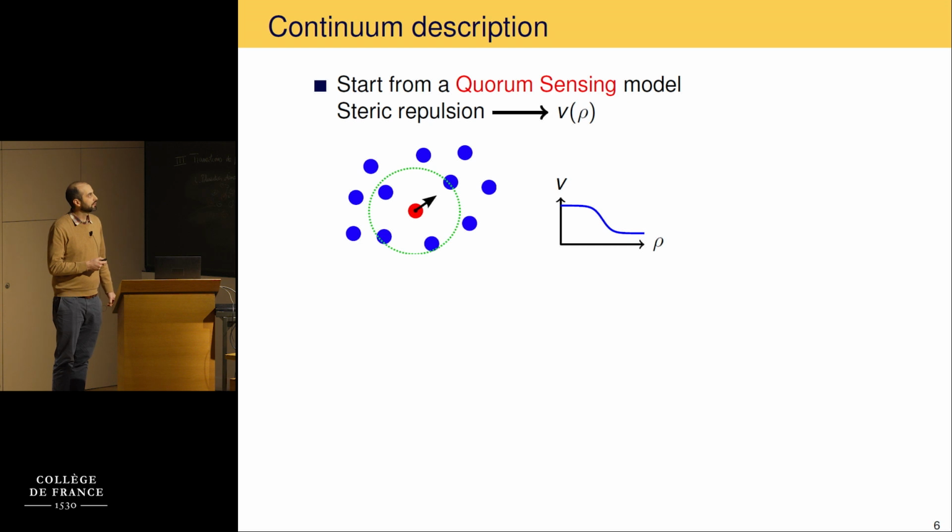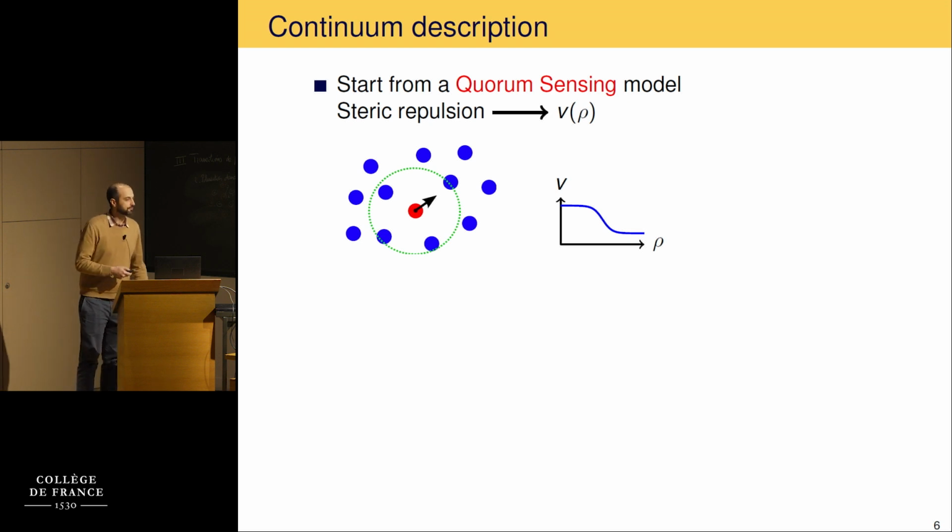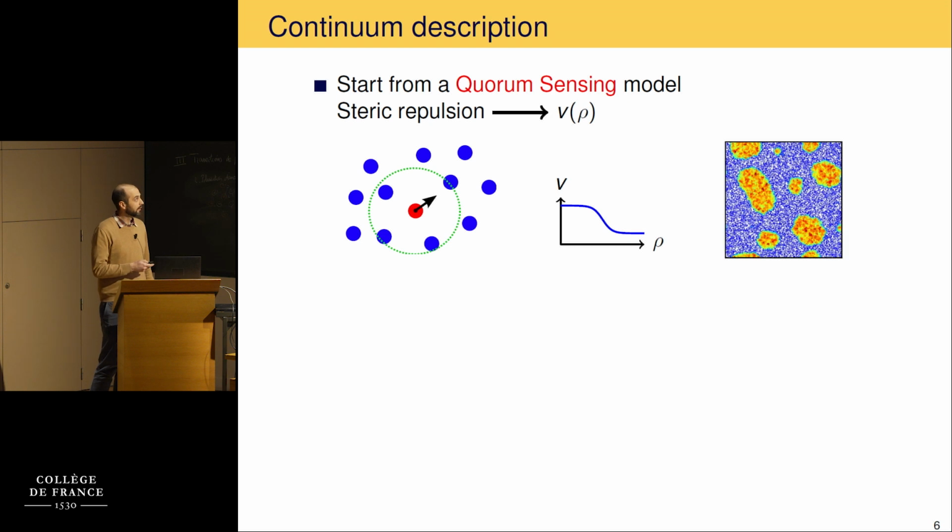Concretely, particles look at how many other particles are around, and they adapt their velocity according to this function v of rho, which is a parameter of the model. And if this velocity is decreasing, it mimics the effect of collisions, that is to reduce the speed of the particles. And if you simulate this model, you see the same kind of phase separation.